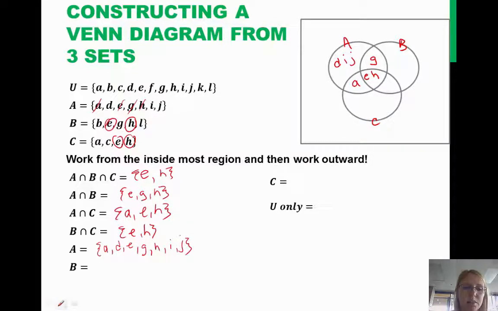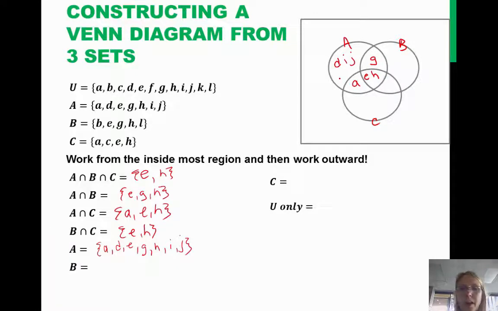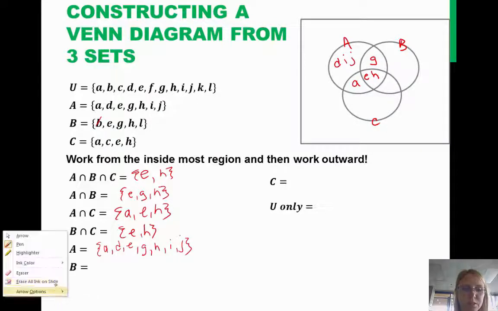Okay, let's do the same thing for B now. We already have here G, E, and H. I'm going to cross those out. Oops, I shouldn't have crossed that one out.